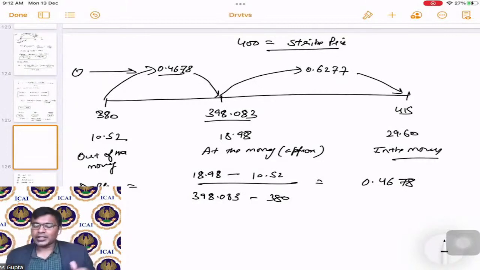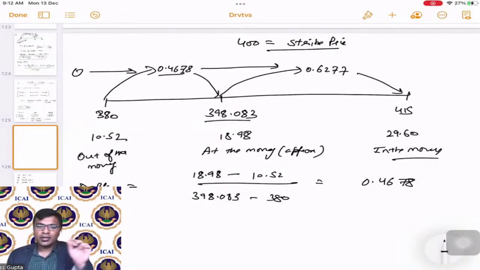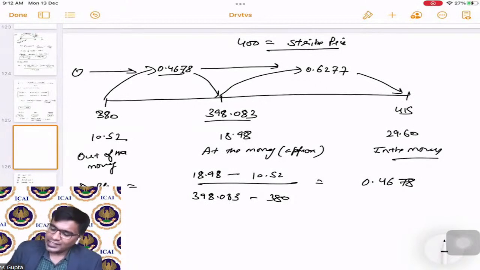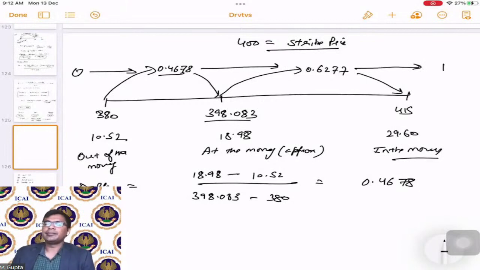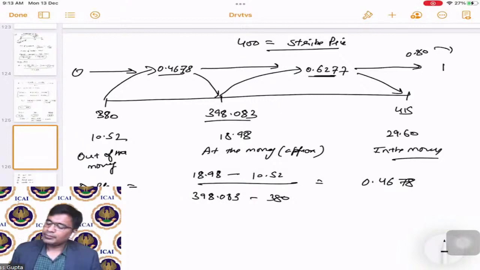Now, the option has started to go in the money. And now, since it is going in the money, do you see the rise from 0 to 1, right? And then finally, once it is deep in the money, it will finally go to 1. So directionally, you see the drastic impact will come here because of this. Now, in the next step, it might be 0.80. Then it might be 0.95.